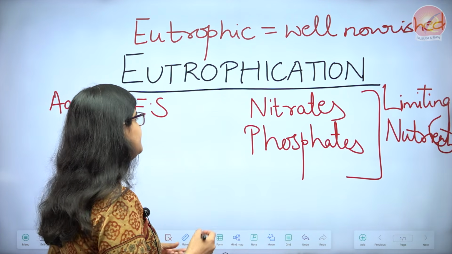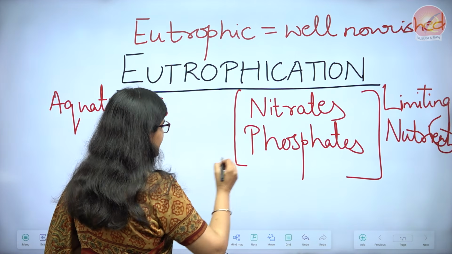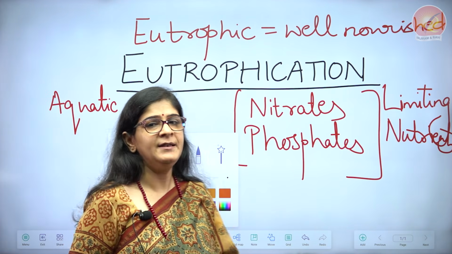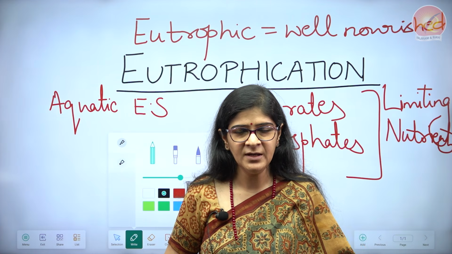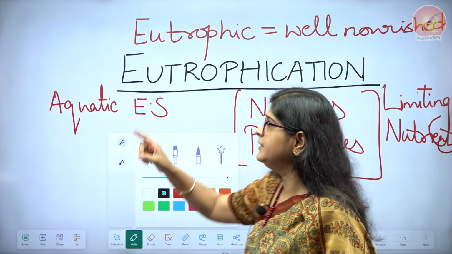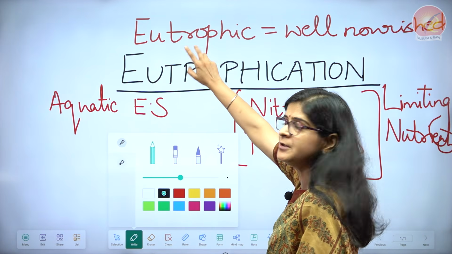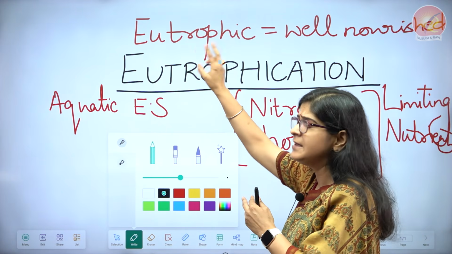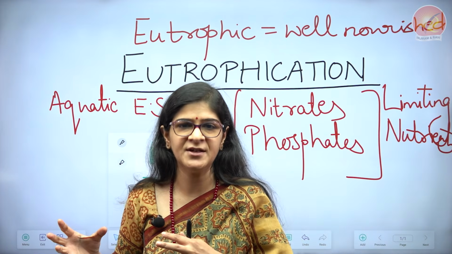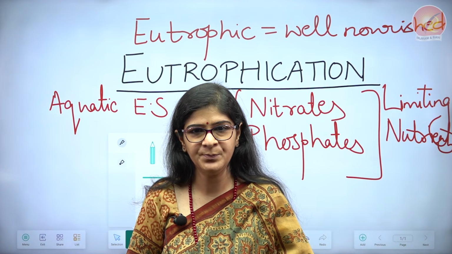Now these limiting nutrients such as nitrates and phosphates can be made available to the aquatic ecosystems naturally, of course. Eu means well, trophic means nourished. So eutrophic means well nourished, and eutrophication means a good amount of nourishment with these limiting nutrients.